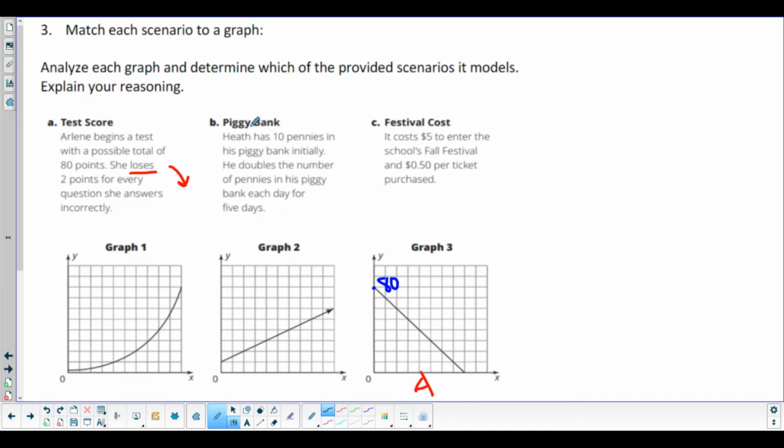Okay, next one's piggy bank. He has 10 pennies in his piggy bank initially. He doubles the number of pennies in his piggy bank each day for 5 days. All right, well, I see a very special word, kind of like loses. We have something here: doubles. Doubles is a very, very interesting word. And when you hear the word double, it definitely implies exponential, right? You think about doubling your money, tripling your money.